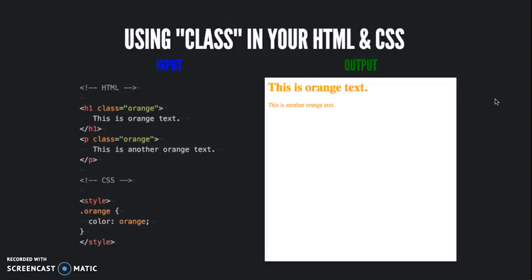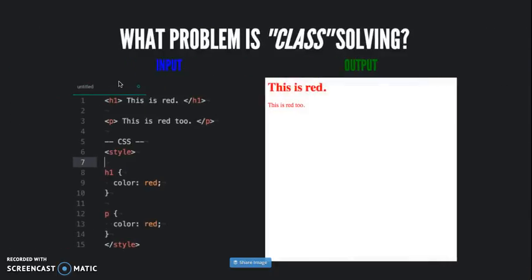Let's quickly go back to what we had done previously so that you can compare. Class is going to be used to prevent us from doing what we're seeing within our style code in this input section, where we've got our h1 and our paragraph tag, both with a CSS property of color.